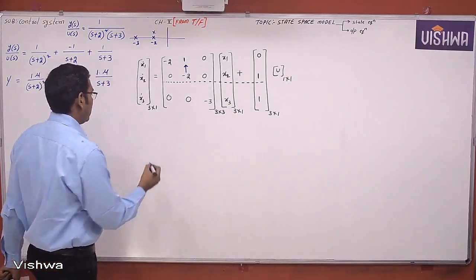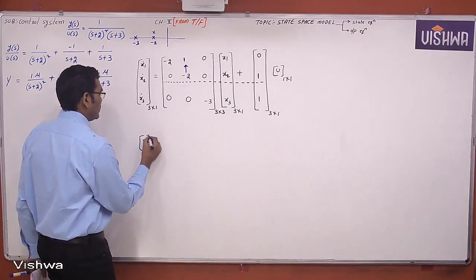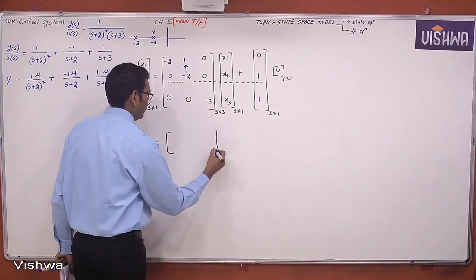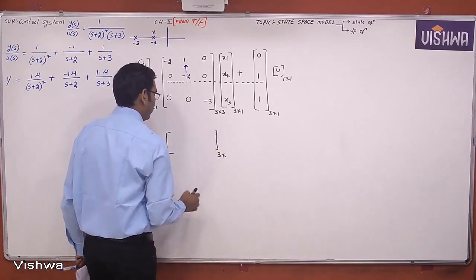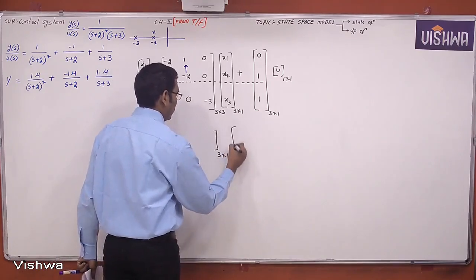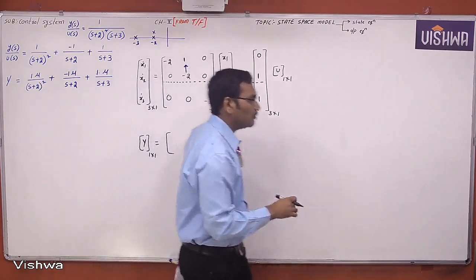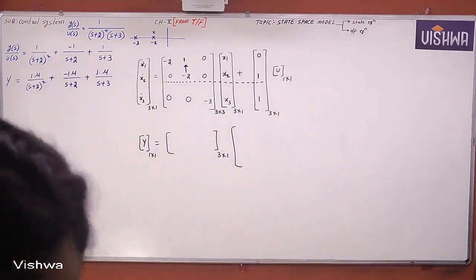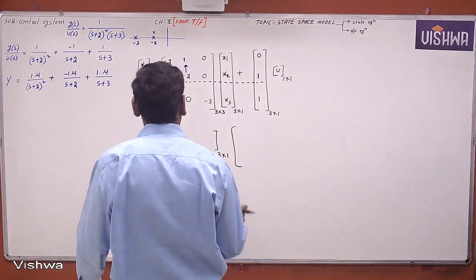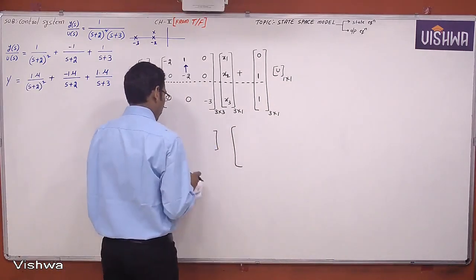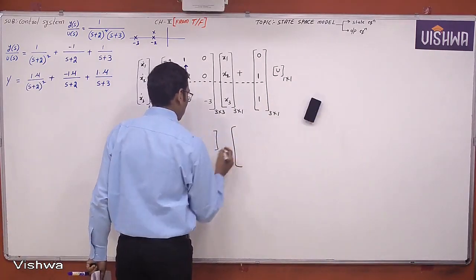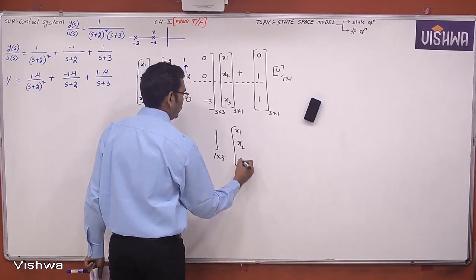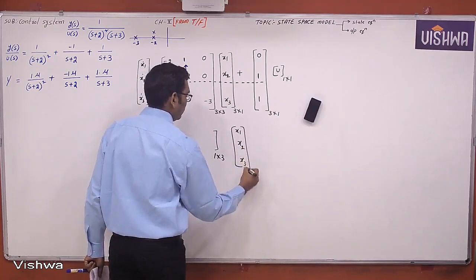Now you want matrix C, for Y, which is only 1 by 1. So this is 1 by 3 and this is x1, x2, x3, right?